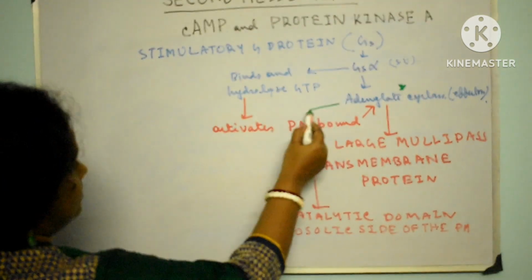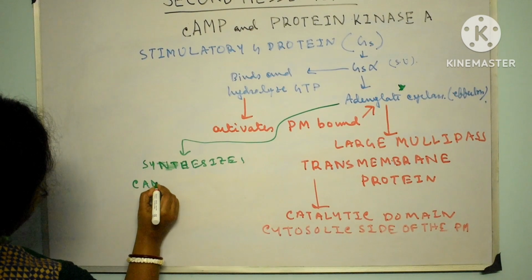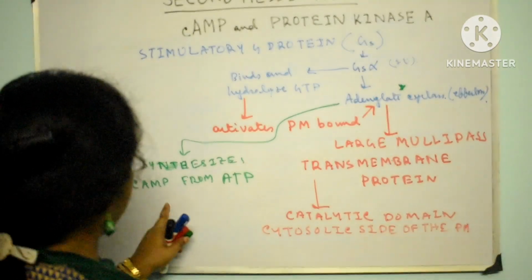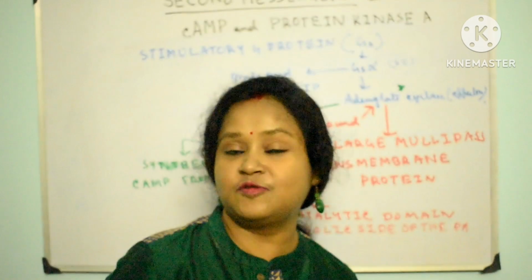This activated adenylate cyclase synthesizes cAMP from ATP, and cAMP is a very important secondary messenger.